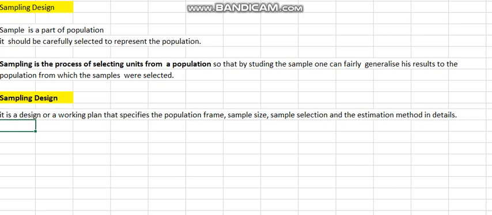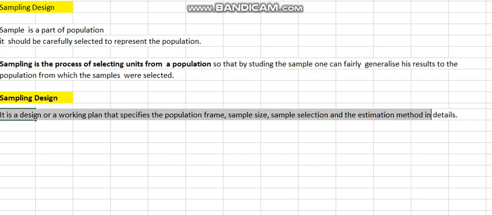Everything we have to specify in detail. The detailed plan of the sampling procedure is known as sampling design. It is a design or working plan of specifying the population frame, sample size, sample selection, estimation method in detail.